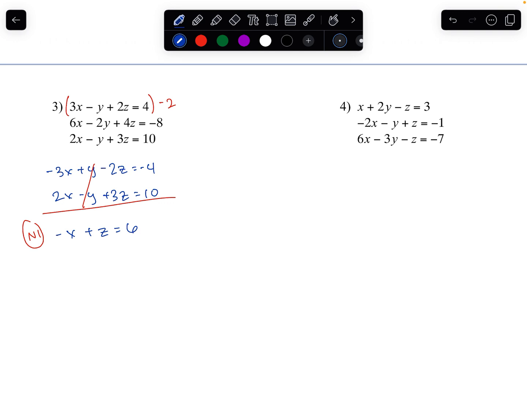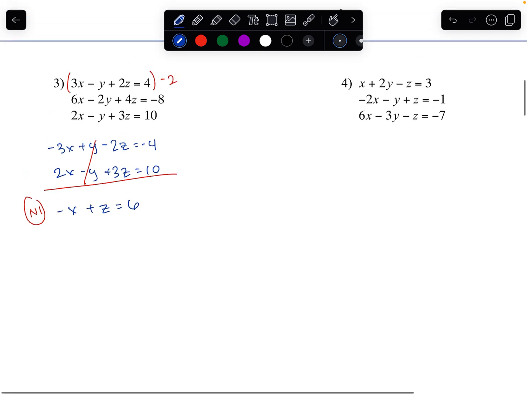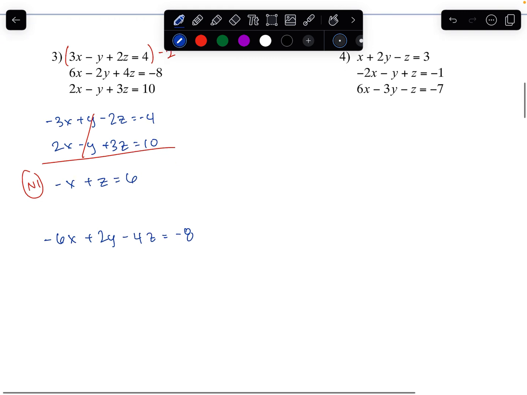Okay, so when I do that, I get -6x plus 2y minus 4z equal to -8. And I'm going to add that with the second equation. So 6x minus 2y plus 4z equal to -8.